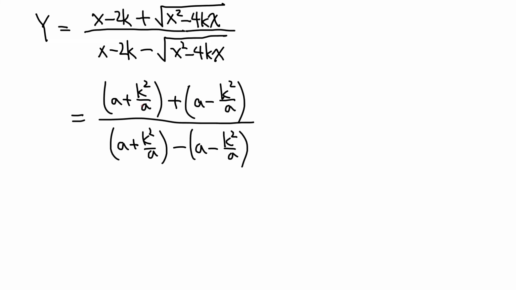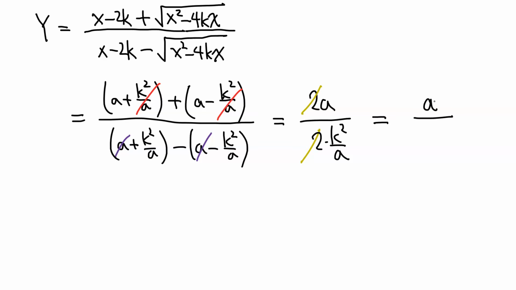So in the numerator, these two terms cancel out, and in the denominator, these two terms cancel out. So what we have left here is in the numerator 2a, and in the denominator we have 2 times k squared over a. So again, 2 cancels out this time, and we have a squared over k squared, and that is our final answer.